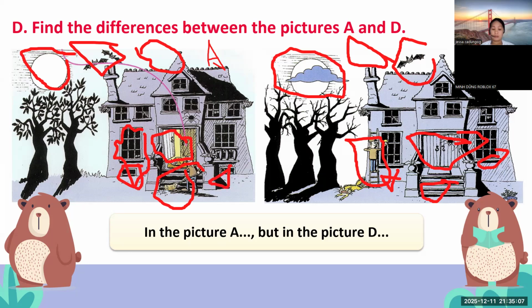Okay, tell me what are the differences? Okay, come on, tell me. Okay, go, tell me.